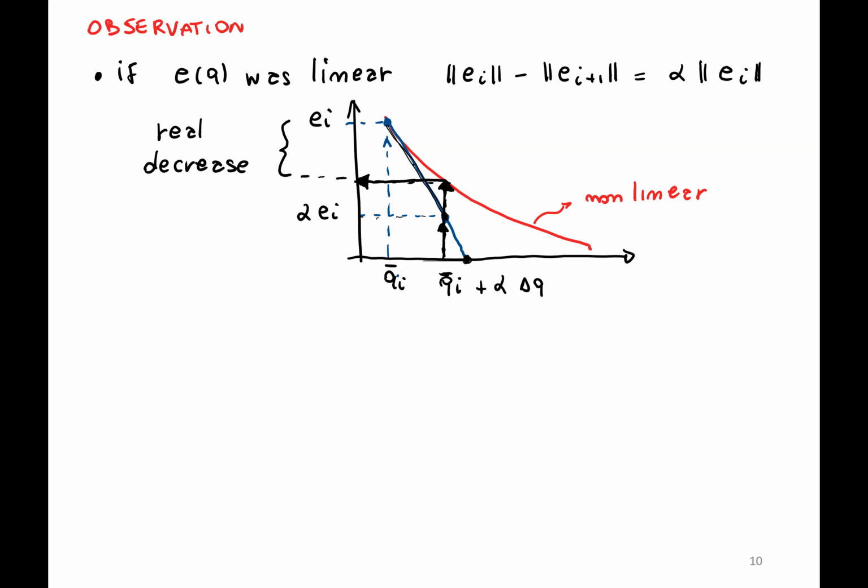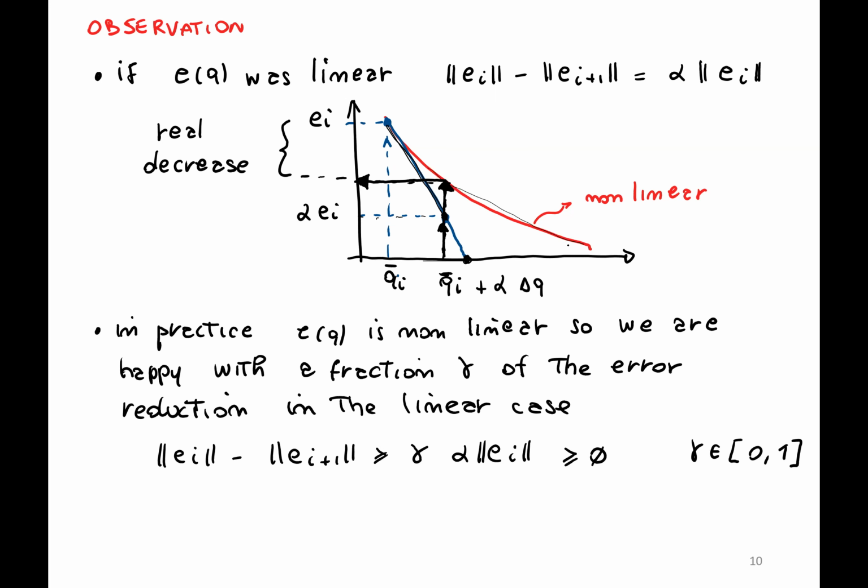But the nonlinear function is in general decreasing less. So in practice, we are happy with a fraction of the decrease that we would have in the linear case. So if the linear case decrease will be alpha of the error, then with a parameter gamma, we can ensure that we have enough decrease.